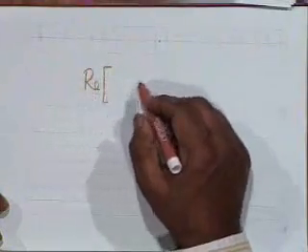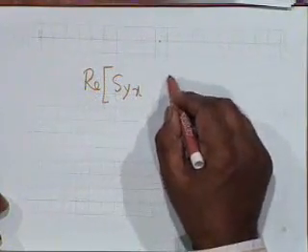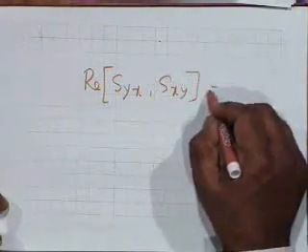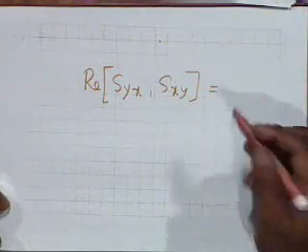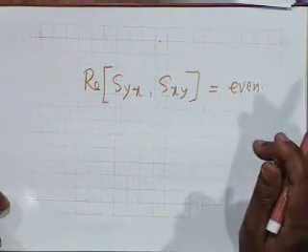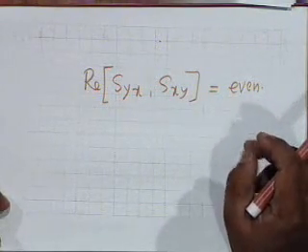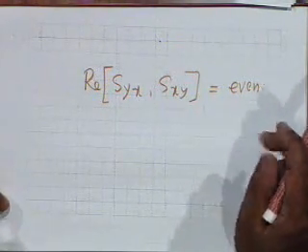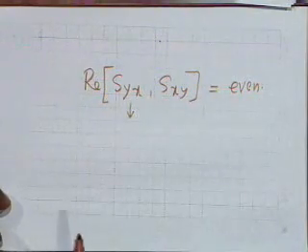Cross spectral densities nevertheless are extremely useful, particularly when a signal is corrupted with noise. Y could be noise and X could be the signal. Now, it is however true that for the real part of S yx or S xy, what can you say about this? The real part of this must be even. Why? Because this is a quadratic form.